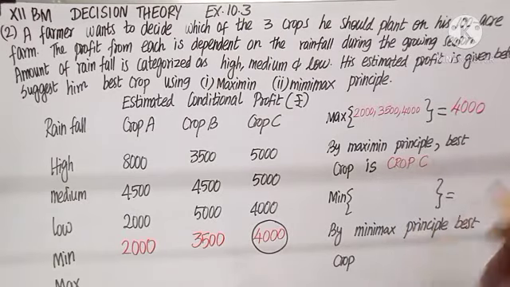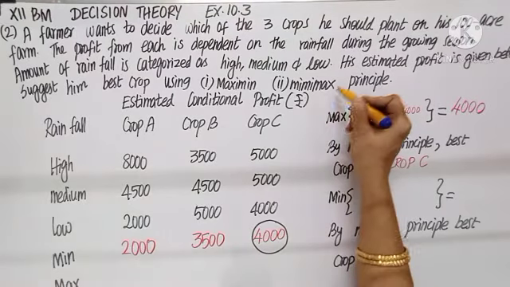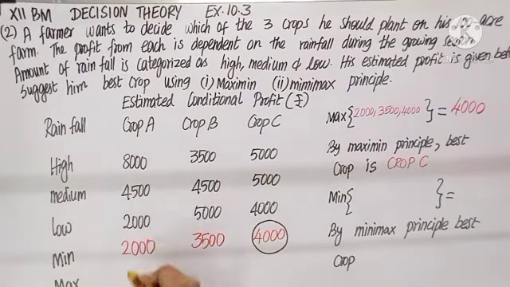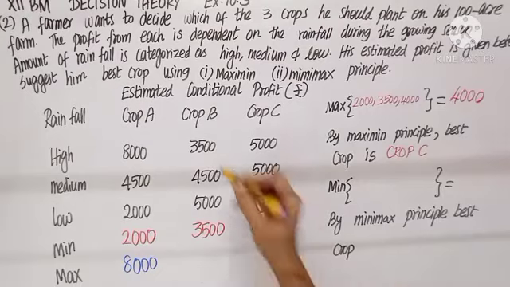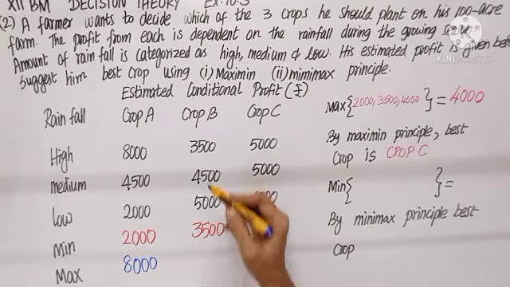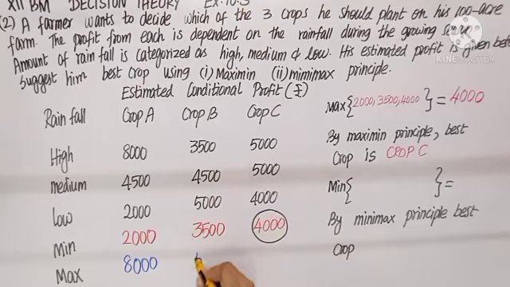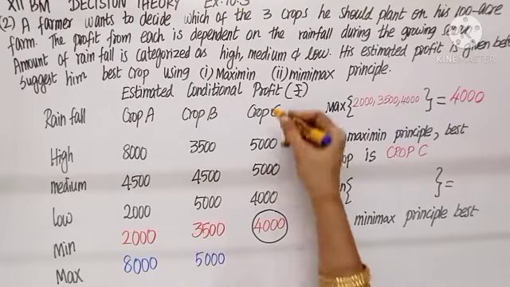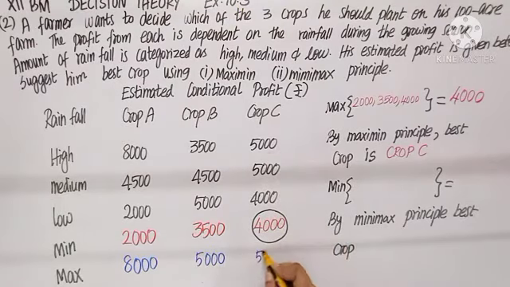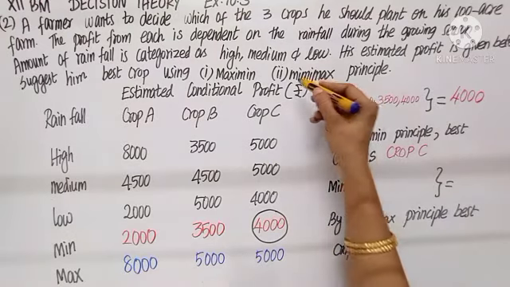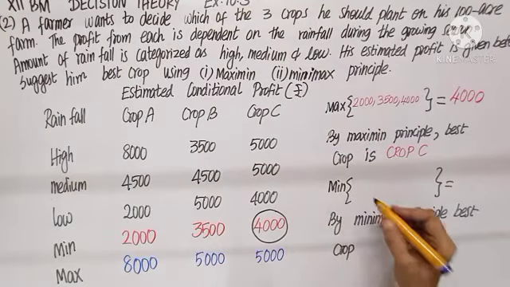Now we proceed on to minimax principle. Minimax principle, first we need to choose the maximum. Out of the 3 numbers, 8000 is the maximum. In crop B, 5000 is the maximum. Under crop C, again 5000 is the maximum. Now we need to choose minimum of all this.